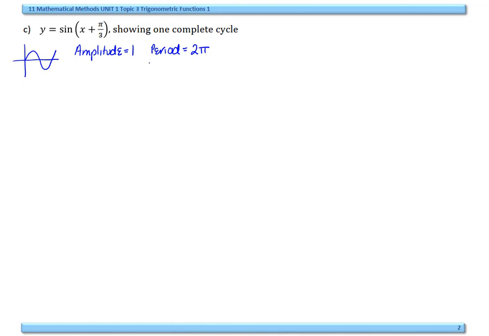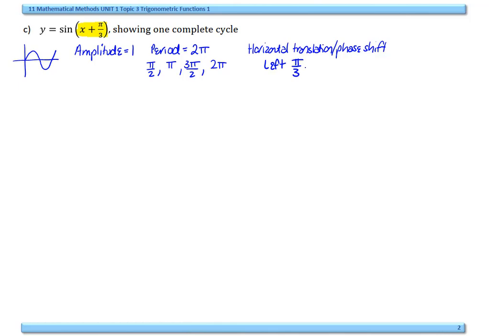So my scale is going to be pi, 3 pi on 2, 2 pi. And then I have a horizontal translation or phase shift. So you're going left pi on 3.